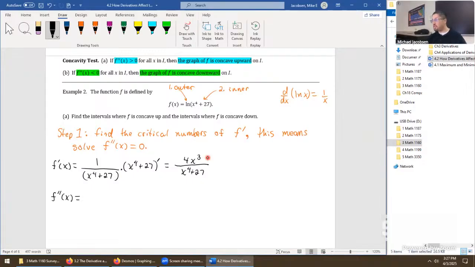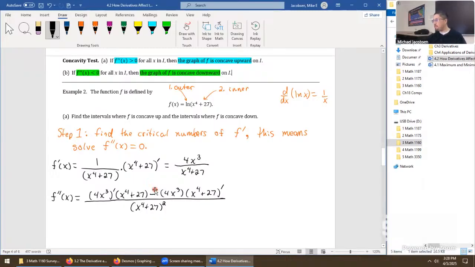For doing quotient rule on this, we'll take the derivative of the top, multiply by the bottom copied in, minus the top copied in, multiplied by the bottom differentiated. So just like product rule, but a minus in the middle, and then divide by that denominator squared. So x to the 4th plus 27 squared.